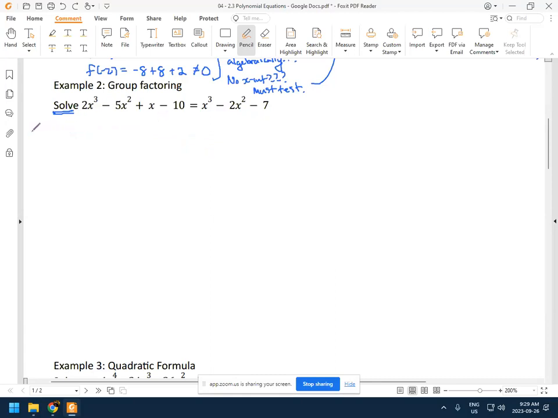I am going to rearrange. Okay, so I'm going to use algebra to subtract x to the power 3 from both sides, which brings me 1x cubed. I'm going to add 2x squared to both sides, which brings me negative 3x squared. And I'm going to add 7 to both sides, leaving me with a negative 3.